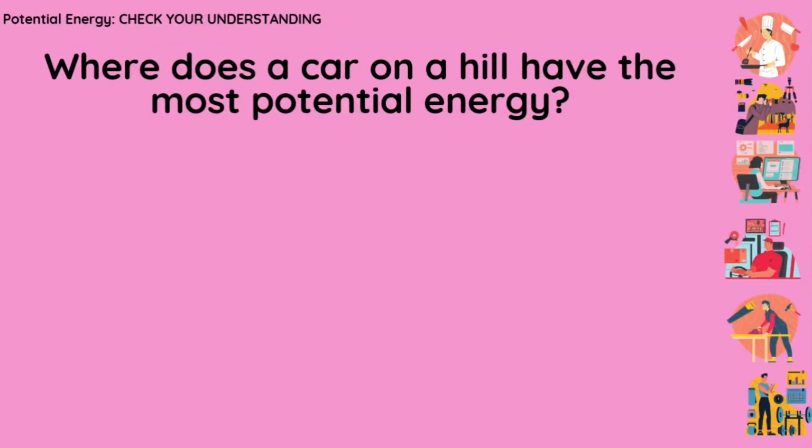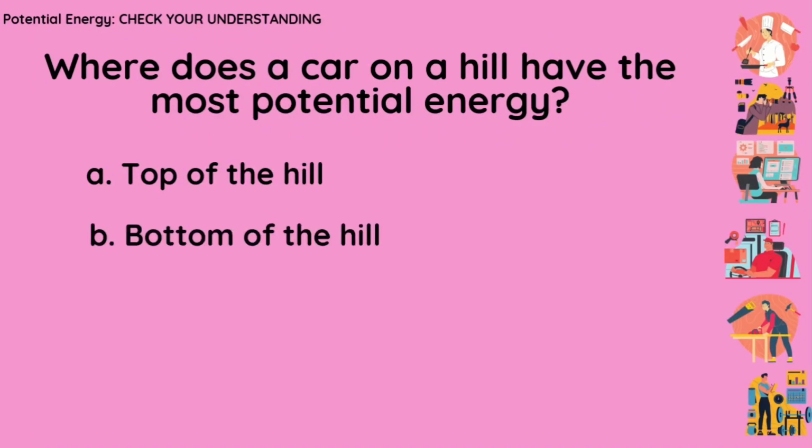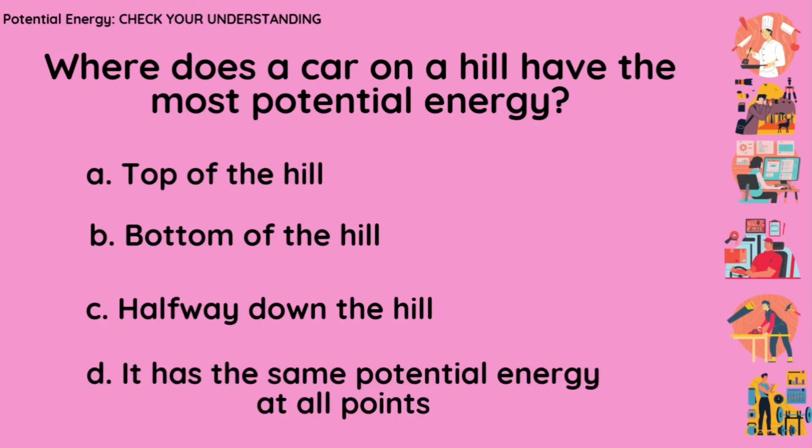Next. Where does a car on a hill have the most potential energy? A, top of the hill. B, bottom of the hill. C, halfway down the hill. D, it has the same potential energy at all points. 5 seconds. Saan kaya may pinakamataas na potential energy ng sasakyan? Sa tuktok ba?